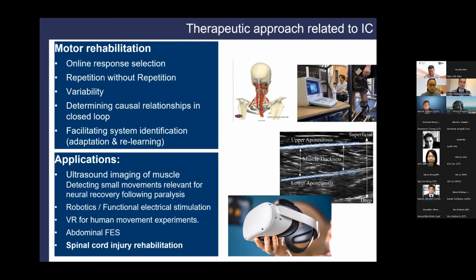I have been working on abdominal FES, as Manuel mentioned earlier, to help people with breathing. We have combined it with ultrasound imaging of the muscle. And our main application area, which motivates all this work, is applications in spinal cord injury rehabilitation.